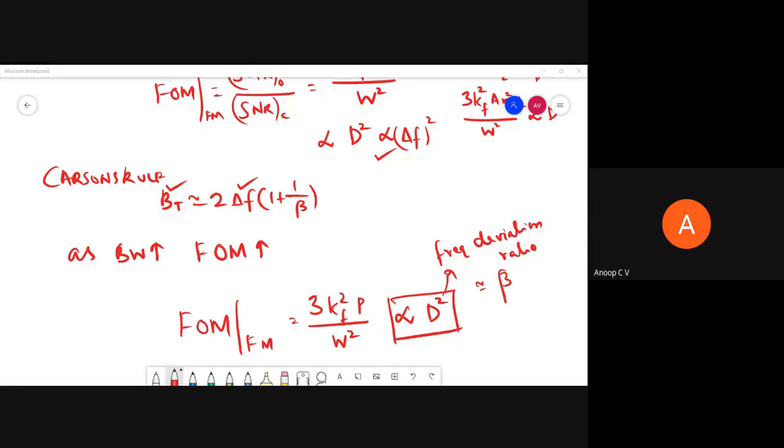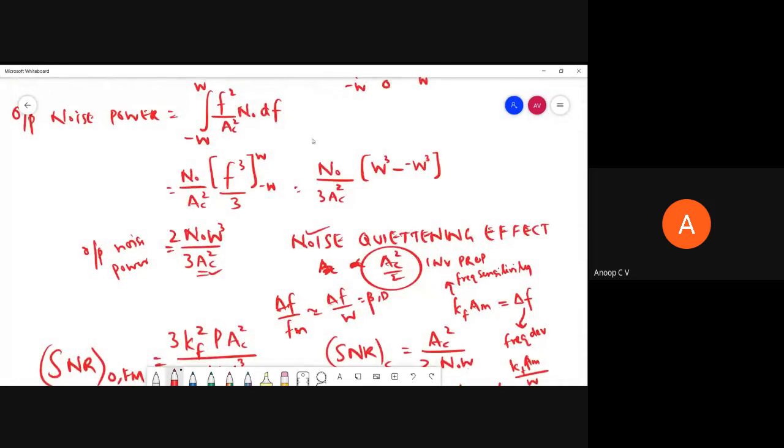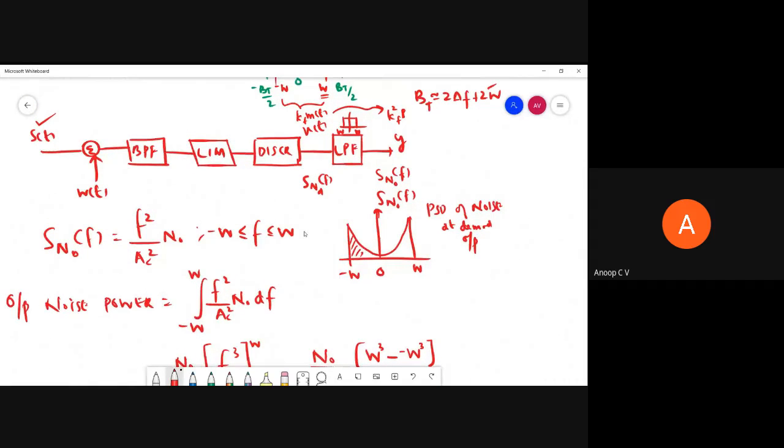Please try to recollect what we have done so far. Basically you have to remember this block diagram, this system model. S of t gets added with additive white Gaussian noise, passed through a band pass filter, then frequency limited, then passed through a discriminator, then at the end an LPF and output.